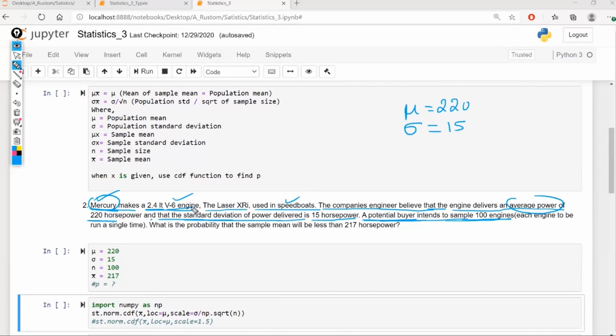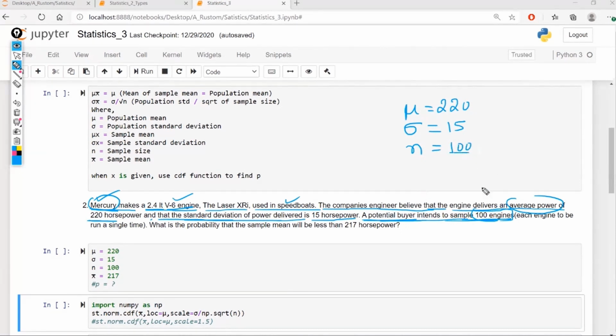So these guys are manufacturing maybe tens of thousands of engines, but a buyer wanted to sample 100 engines, and he wants to test these 100 engines because he cannot test all the tens of thousands of engines. So he has taken samples of 100 engines. The sample size I will call n, and 100 is the number.